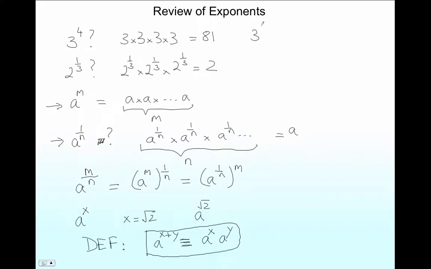If I have 3 to the power 6, let's say, that's 3 to the power 4 plus 2, and you could easily write this as 3 to the power 3 plus 3, etc. And so this is going to be our definition, which will be very useful, and this holds for x, y, any two numbers. So they don't have to be integers anymore.